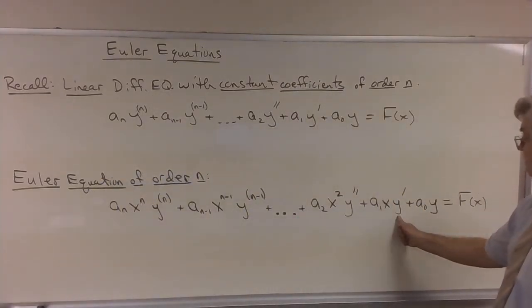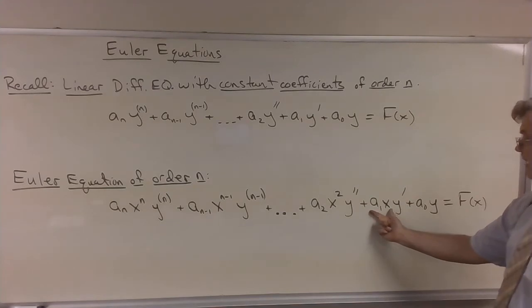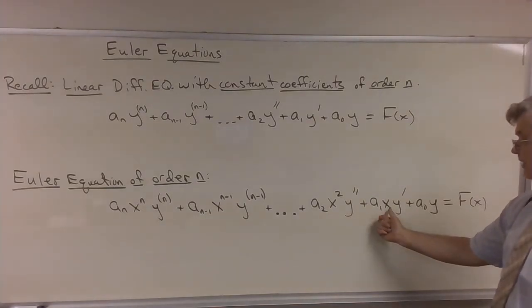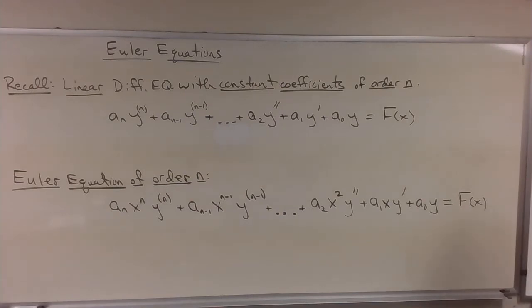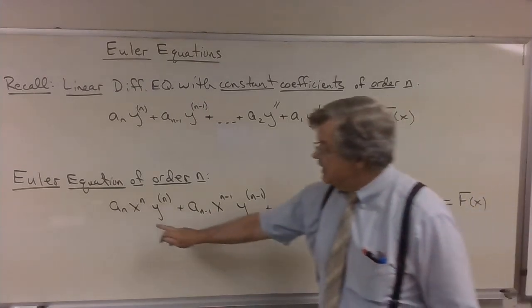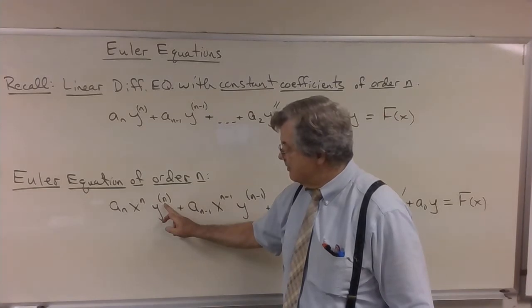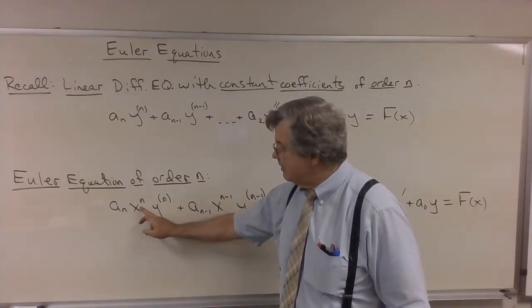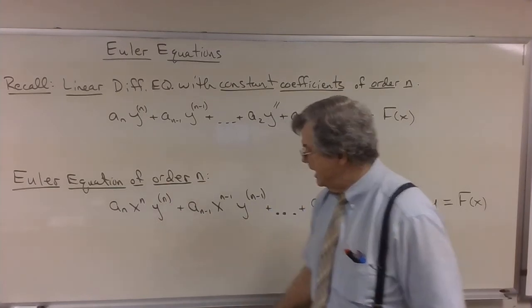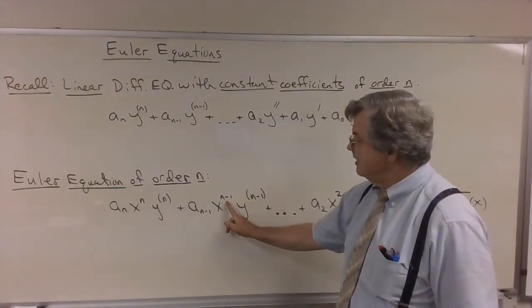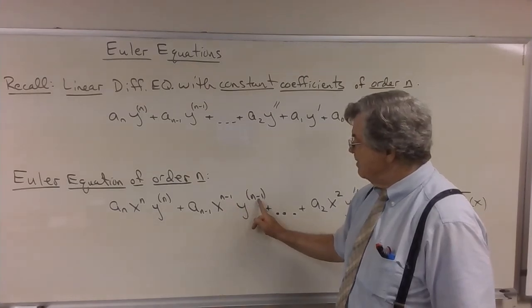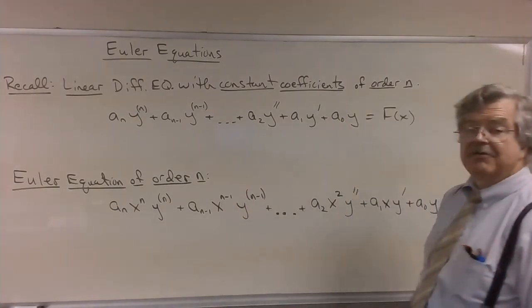And the coefficient of the first derivative of y is a monomial in x of degree 1. So the coefficient of each term in an Euler equation is a monomial in x, and the degree of the monomial is the same as the order of the derivative of y. Nth degree monomial, nth derivative of y. N minus first degree monomial, n minus first derivative of y, and so forth.